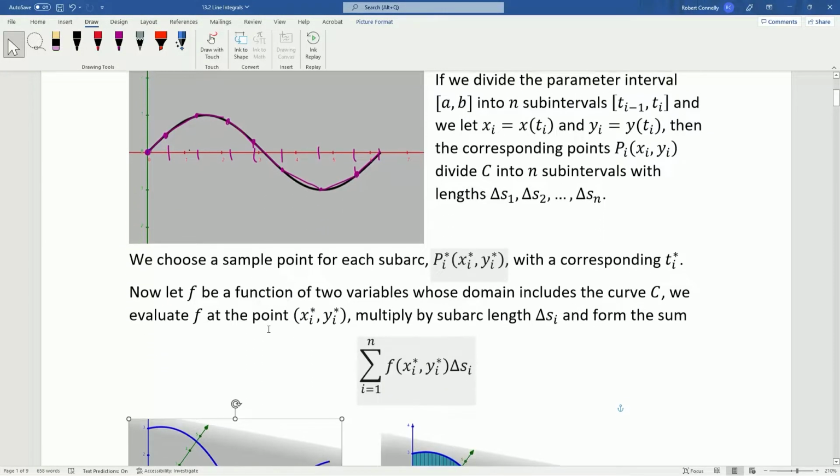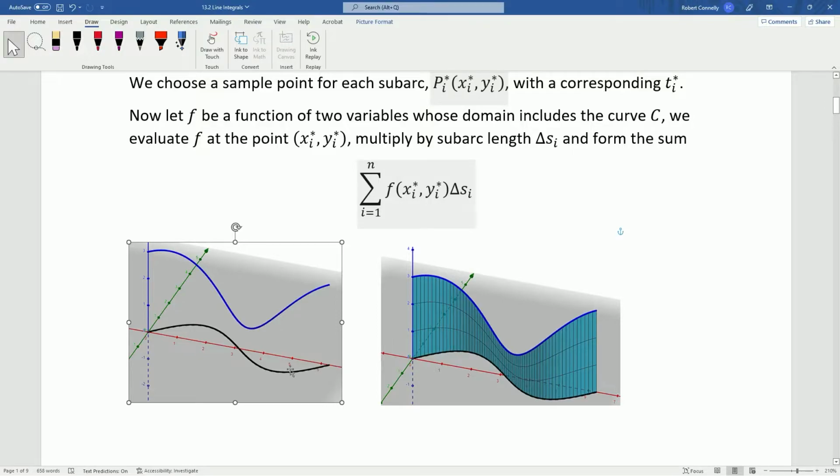So we've got our plane curve C in the xy plane, and then you've got this blue curve in the third dimension here that's going up and down, but it's moving along this path in the xy plane. It's just also going in the z direction. So this blue curve represents this function f and its behavior in particular above this black curve in the xy plane.